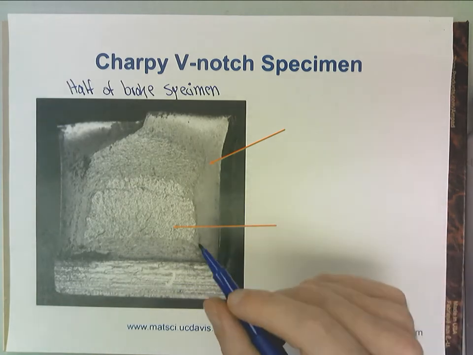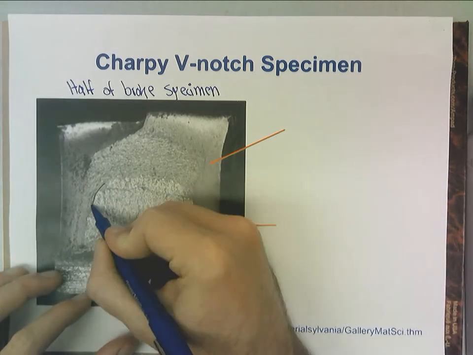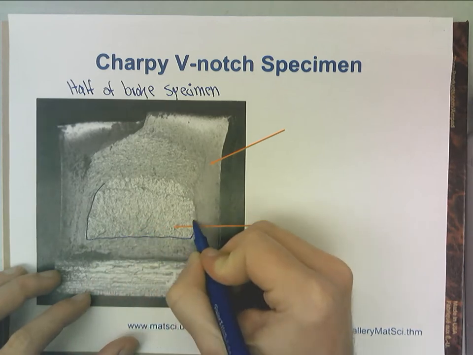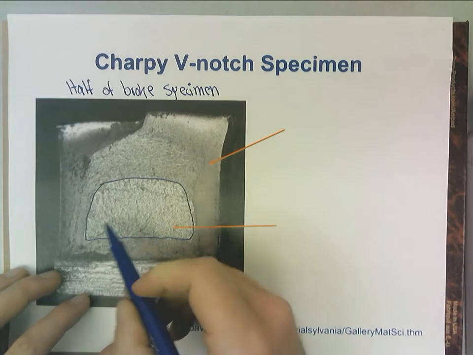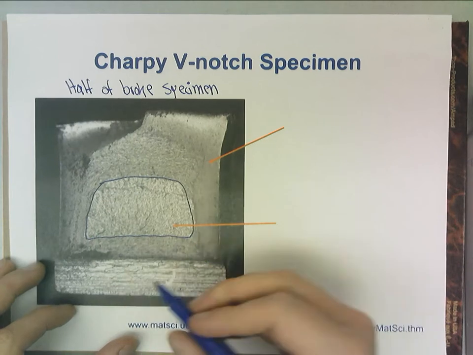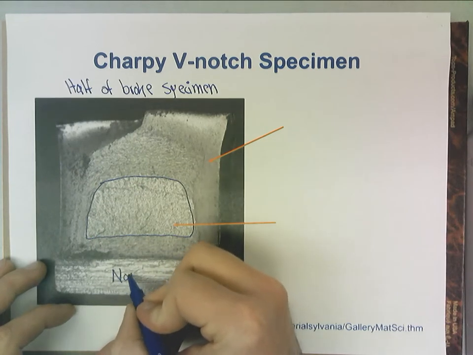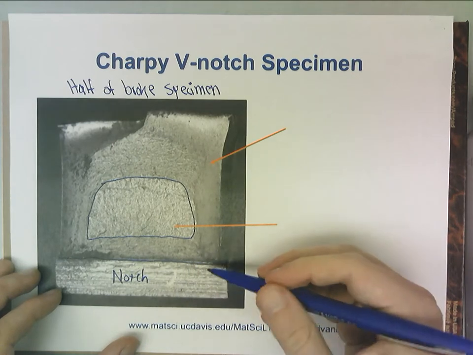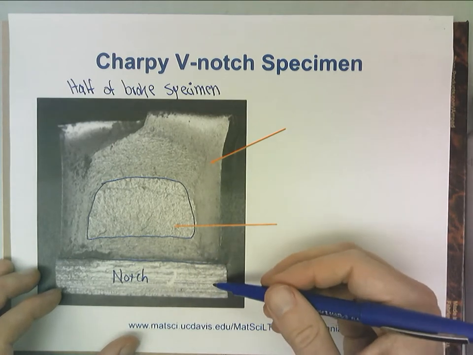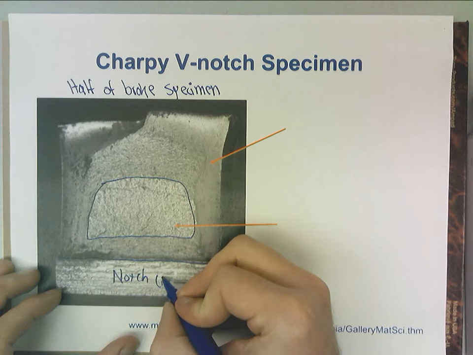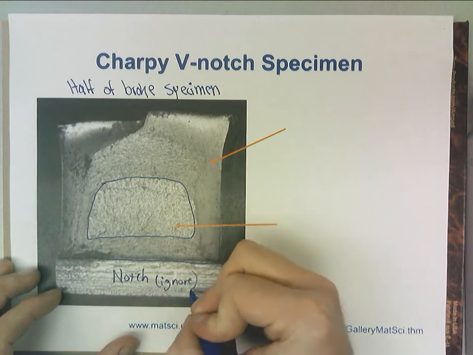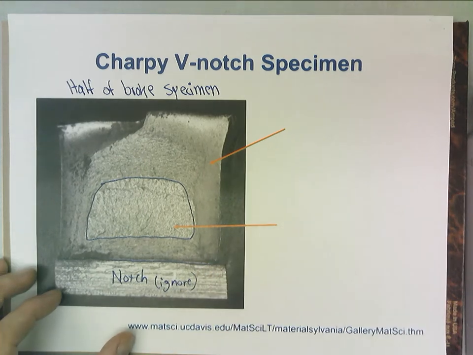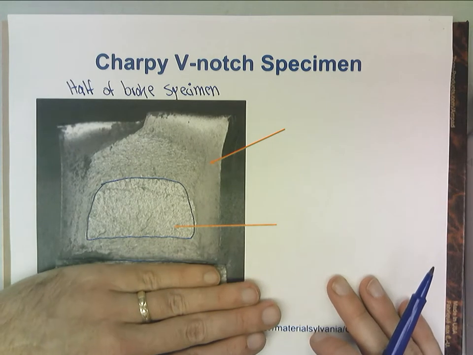In this case, we've got a couple of different regions. We've got this region and then the region out here. This is the notch. So that's actually sloped. That's where the notch was cut into the sample. Ignore it, right? That's not part of our actual failed material.